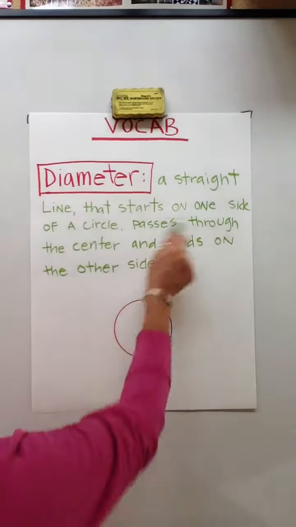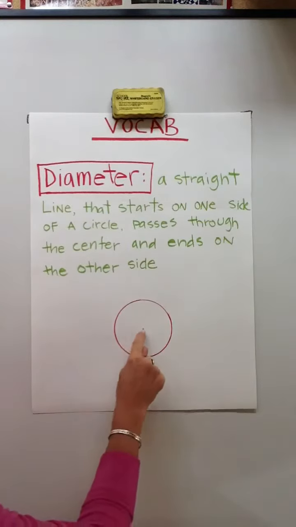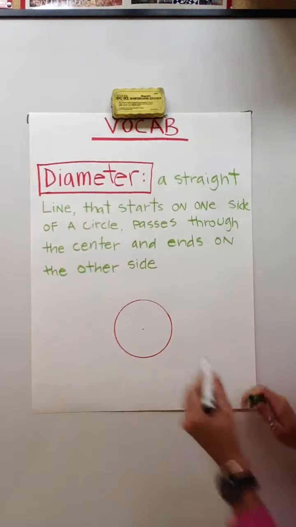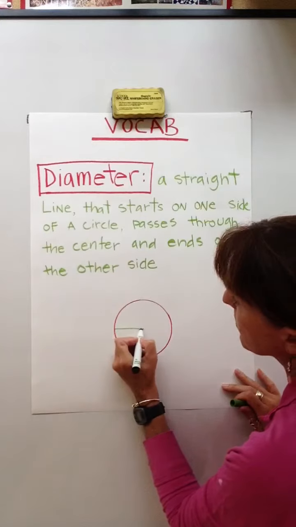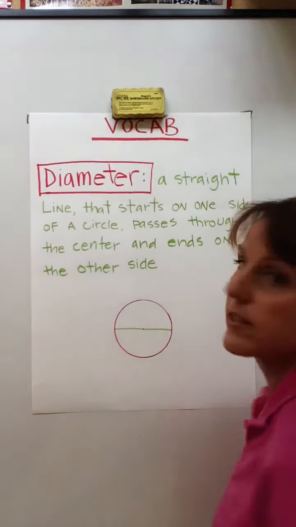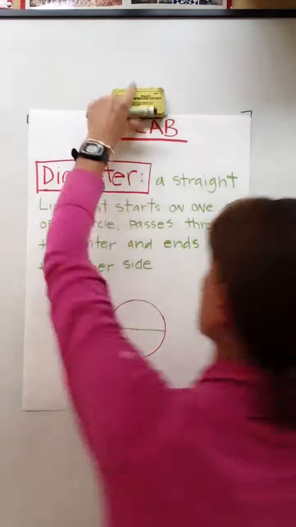It is a straight line that starts on one side of a circle, passes through the center, and ends on the other side. So, if I was going to draw a diameter, I would be starting on one side, and by the way, in real life, you might want to use a ruler, but you get the idea. That's the diameter of the circle. Okay, diameter.